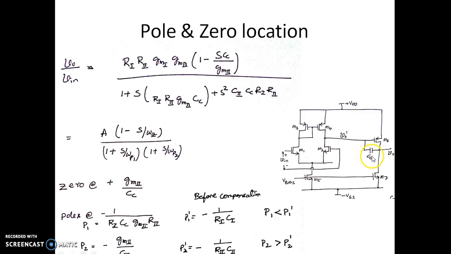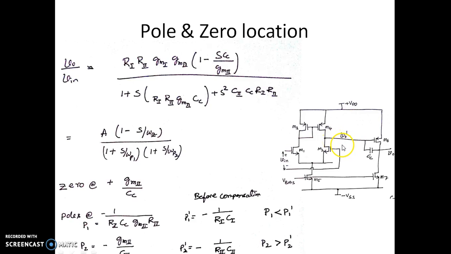So once we put this compensation capacitor, because of the Miller capacitance, this Cc along with the gain of this second stage, which is Cc into R2, will be added onto the existing capacitance C1 here.